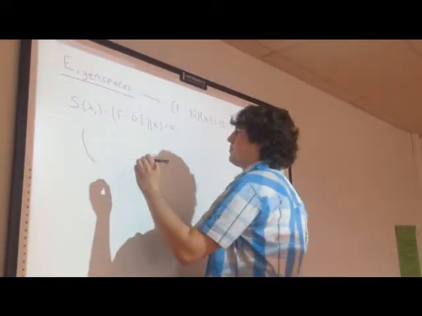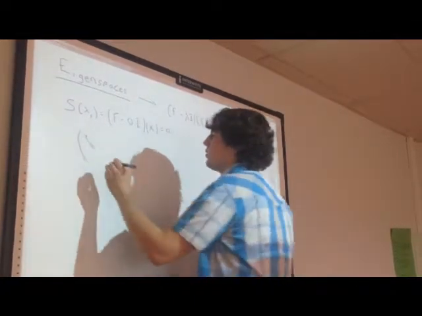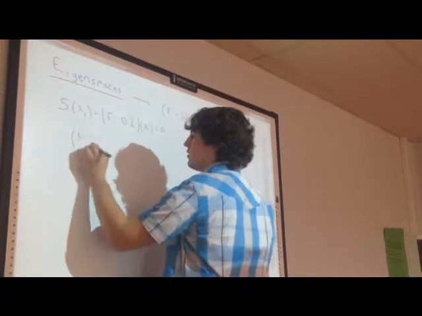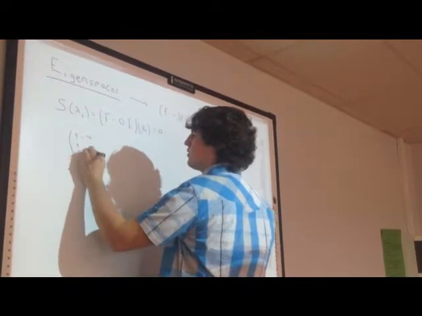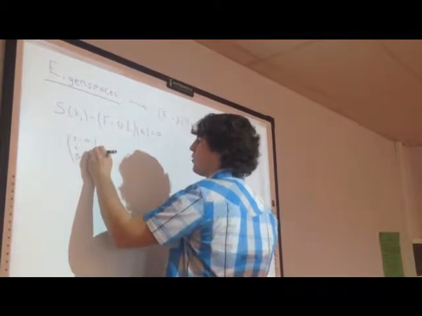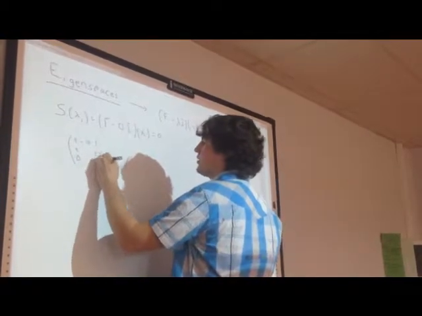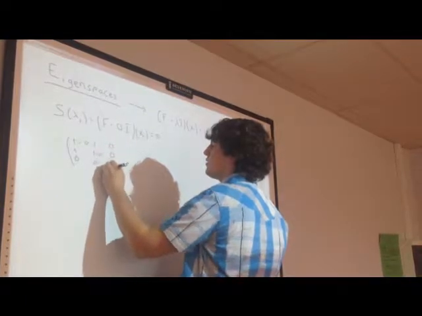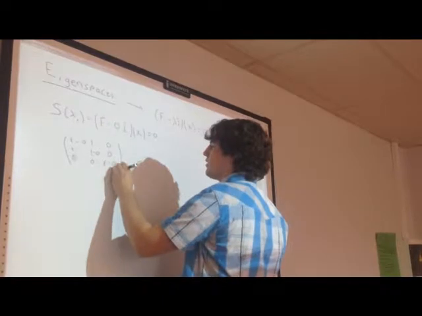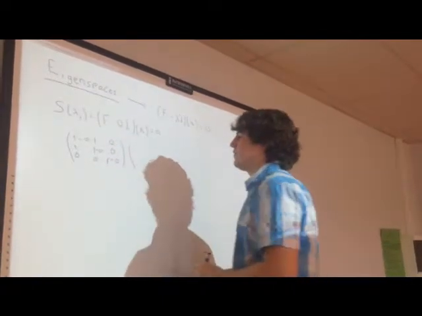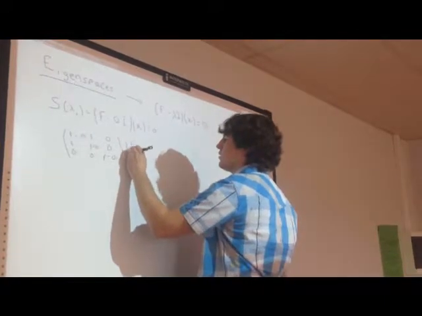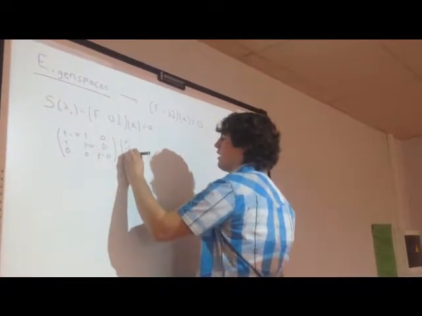The matrix was 1 minus 0, 1, 0; 1, 1 minus 0, 0; 0, 0, 0, times the unknown matrix, which will be x1, x2, and x3.